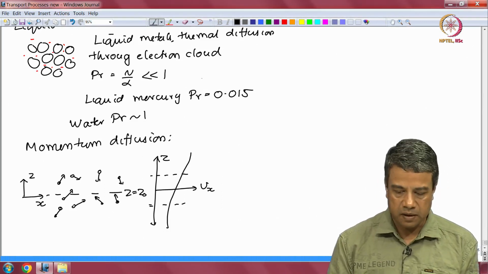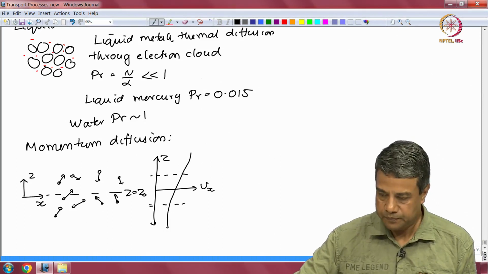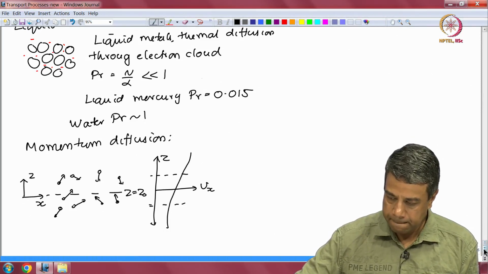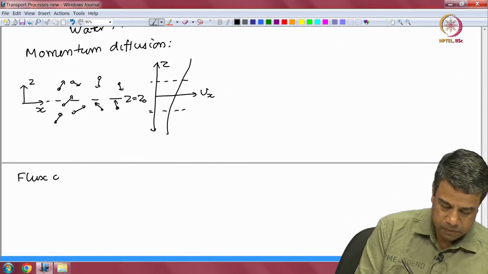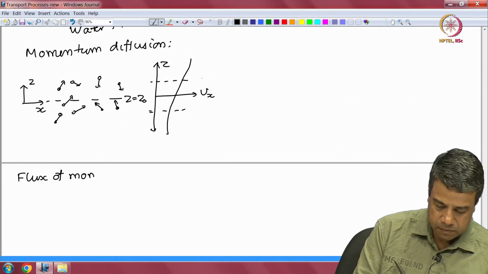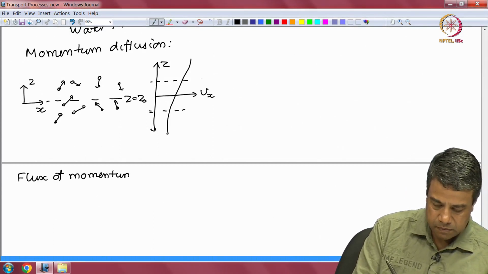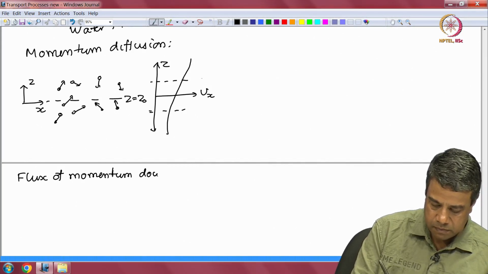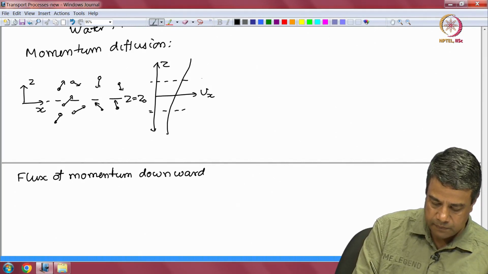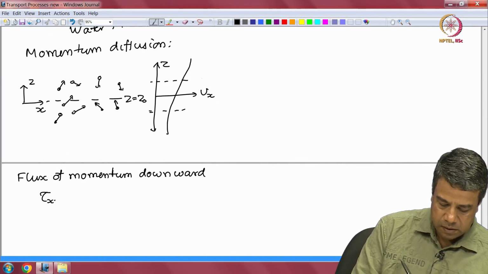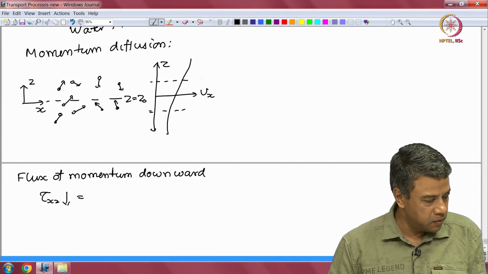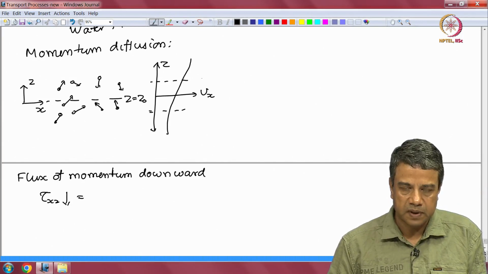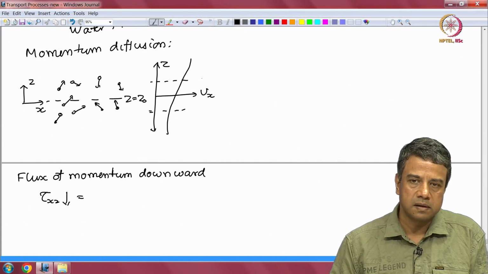The flux of momentum downwards through the surface is going to be equal to the momentum density at that point times the RMS velocity.